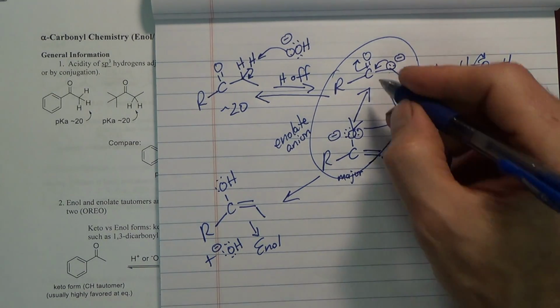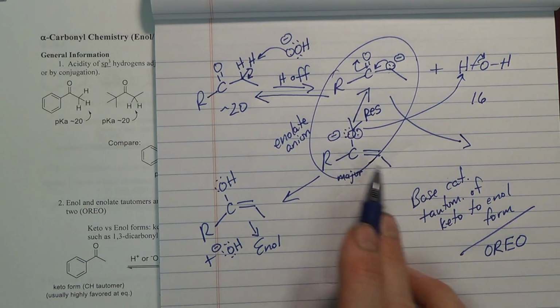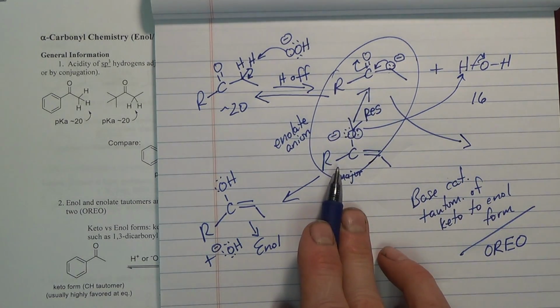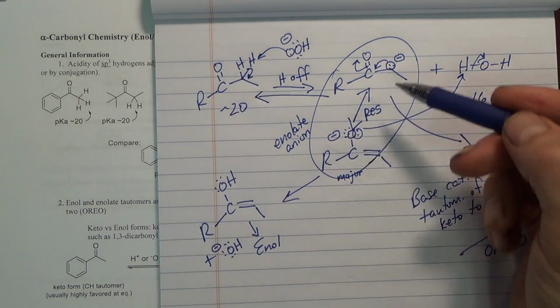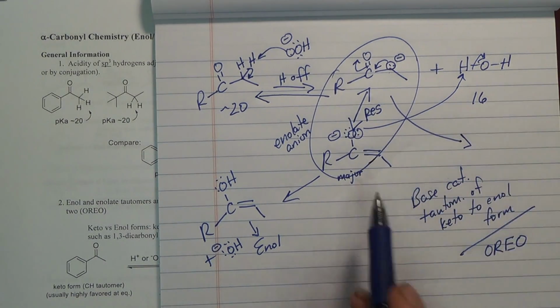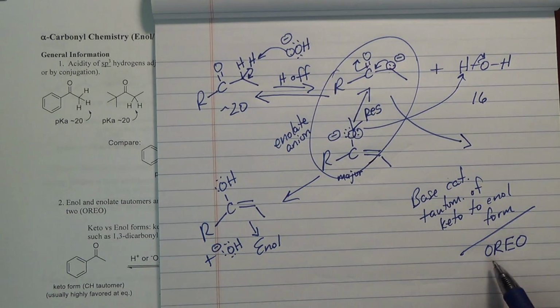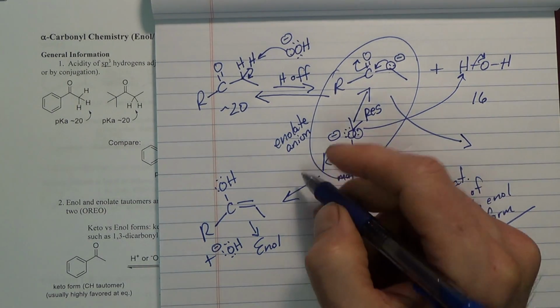All right, but then we showed resonance. Now, resonance is not a step in real life. It's a step on our paper. But as soon as this comes off, it forms this hybrid. Okay, it's not a step in real reality. After we showed resonance on our paper, we then put the proton back on, but on the oxygen. Off, resonance, on.